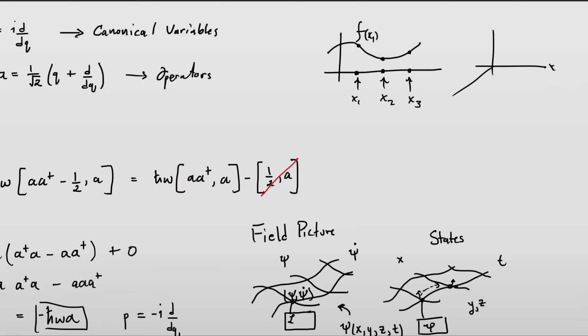So here, this could be our x1 dimension, this could be our x2 dimension, and this could be our x3 dimension. And so right here we have f of x3. Here, this would be f of x1. And say this here would be f of x2.